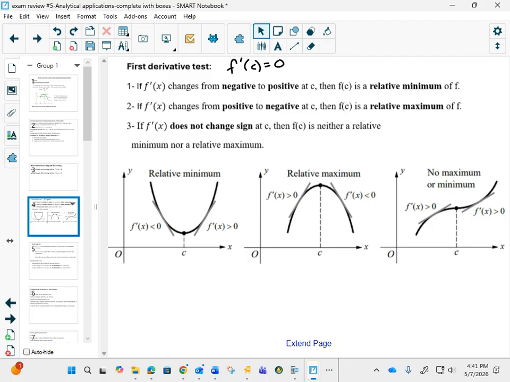If f prime changes from negative to positive, then you would know you have a minimum. If f prime changes from positive to negative, you have a maximum. If it keeps the same sign, then you're going to have a stationary point of inflection.